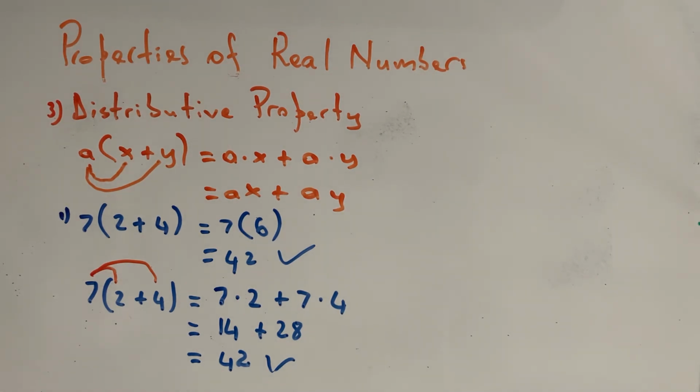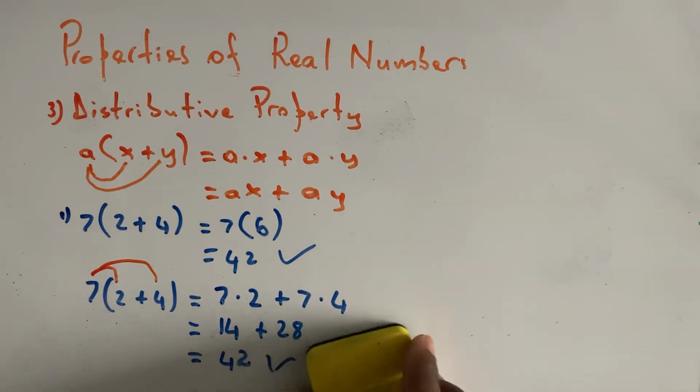Distributive property, okay? So again, those principles, you use them to simplify expressions, when solving equations, when doing a lot of different stuff. So commutative property, associative property, distributive property. You use them for many different things.